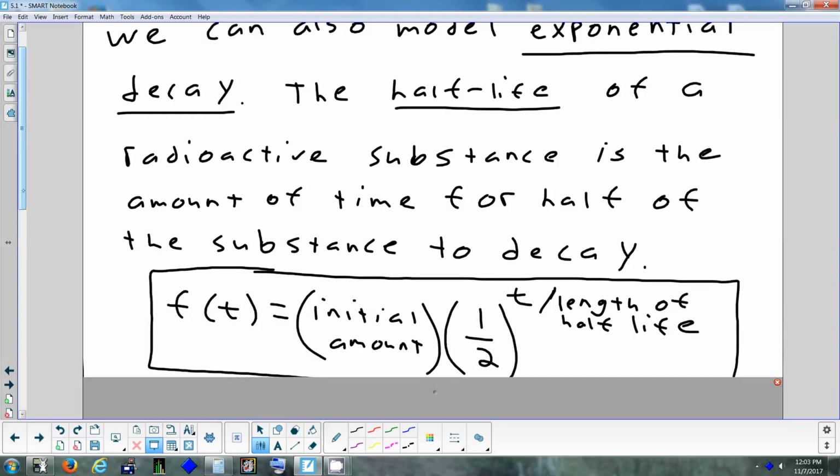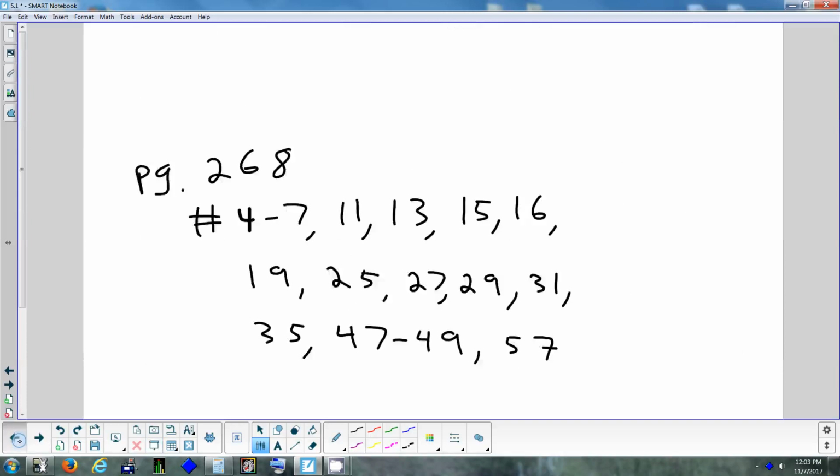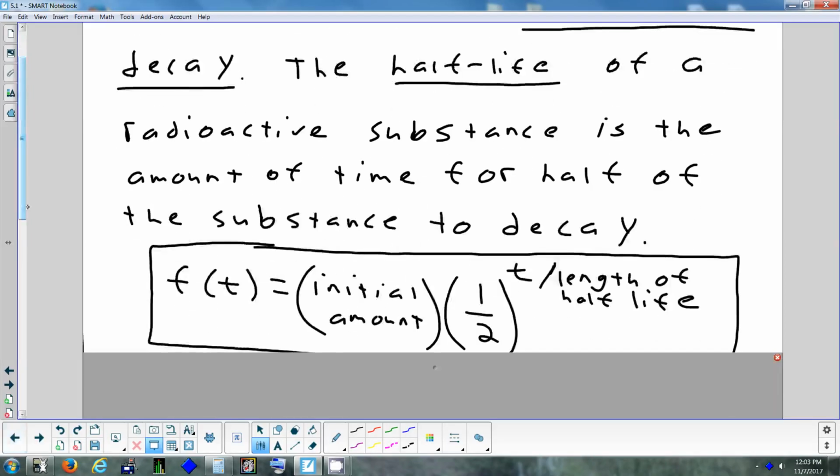But the formula for half-life is very, very similar to doubling. The only change is that the base is now 1/2. Okay, so we'll finish up with just a word problem with that, and that'll be it.